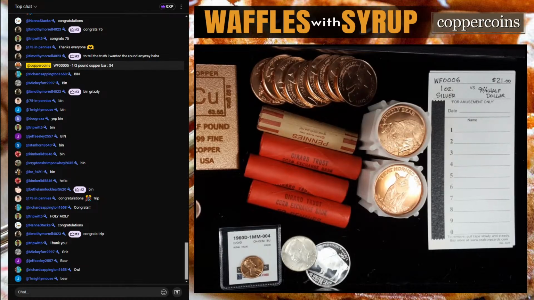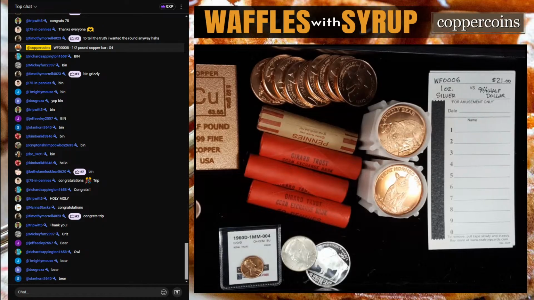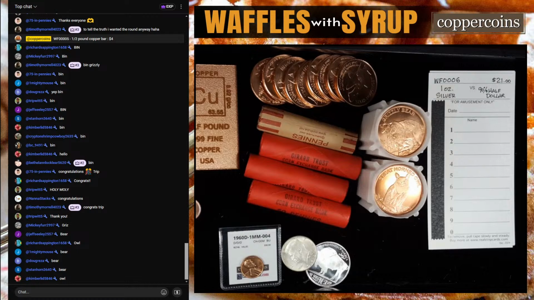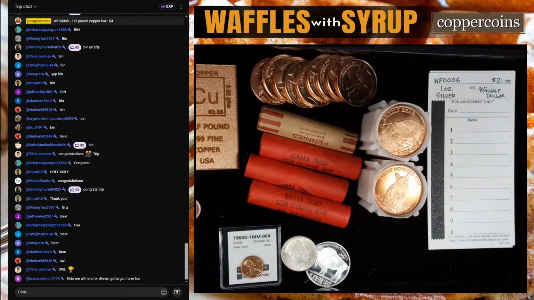Tim Morrell already said grizzly. Jeff Seeley wants the bear. Richard wants the owl. James Valley wants the bear. Doug and Stan for the bear. Kimberly for the owl.